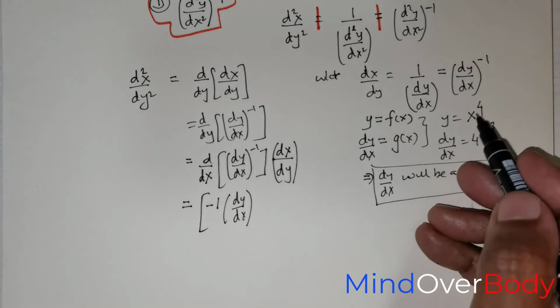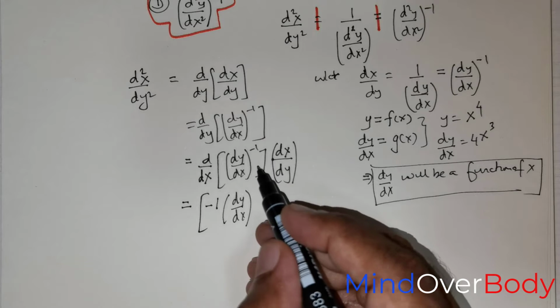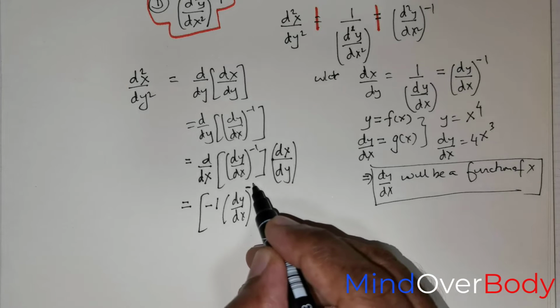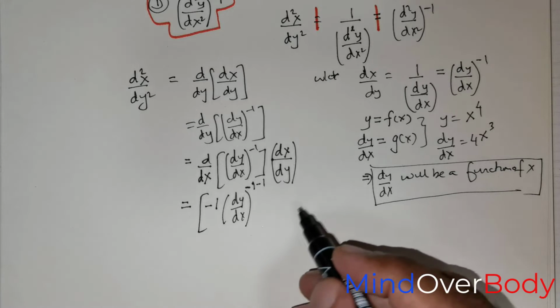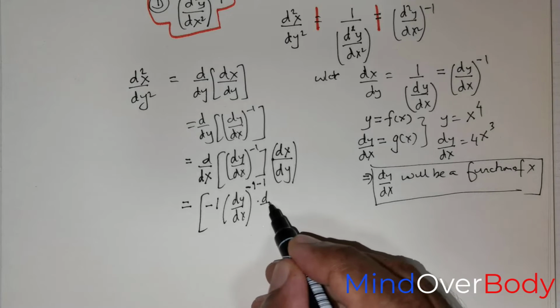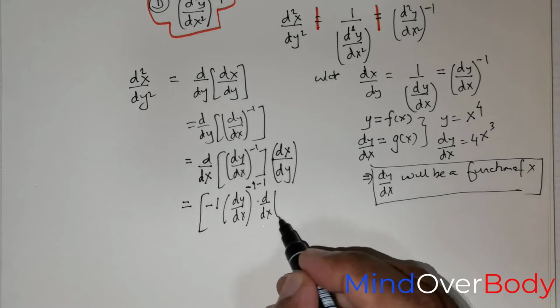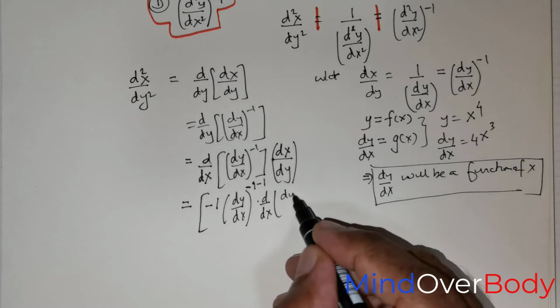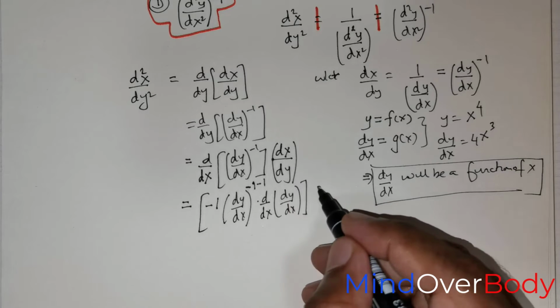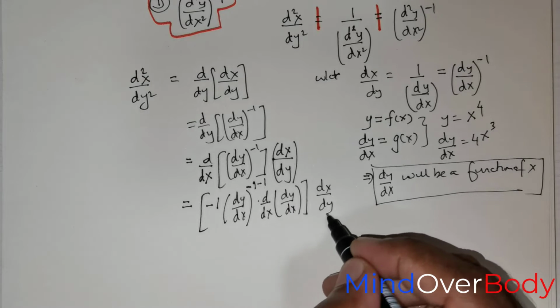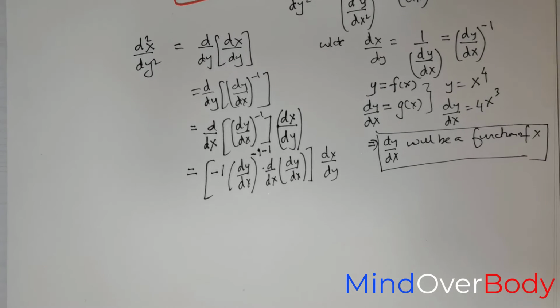Now once the quantity comes down, there is a diminishing in the power. So -1 with another -1, that's fine, times I need to obtain the differentiation of this quantity, dy over dx, followed by there is a dx over dy. So that is exactly what we have to do here.